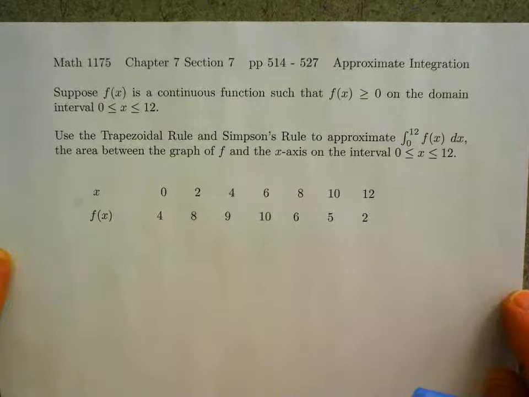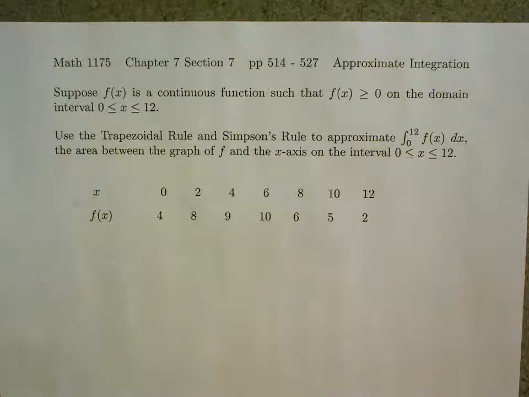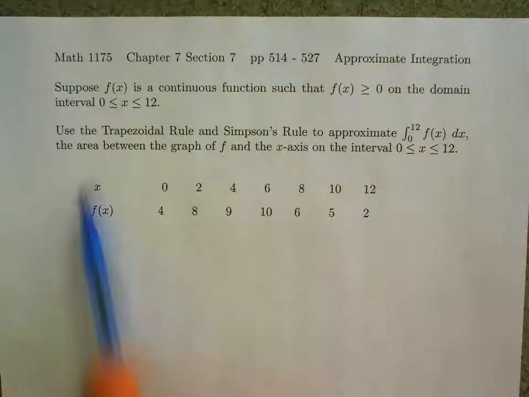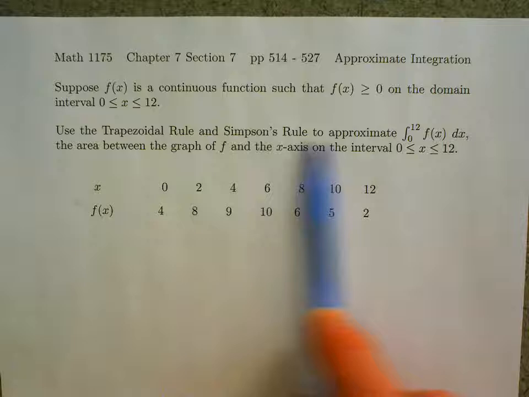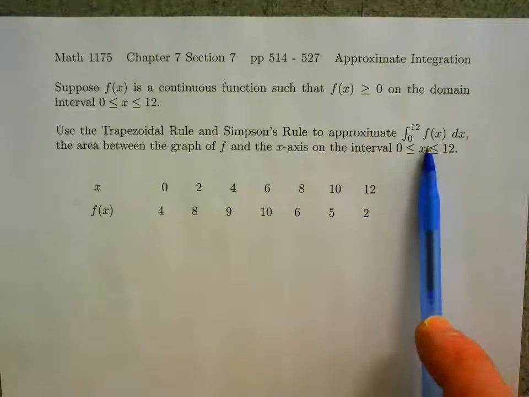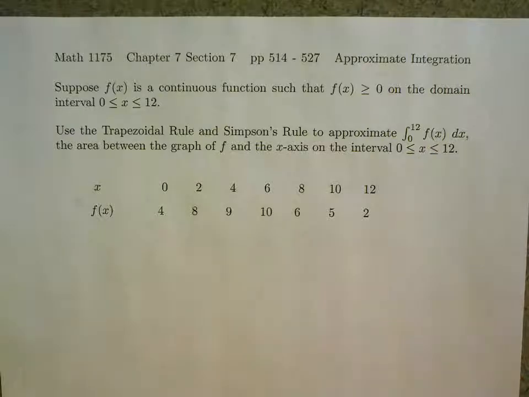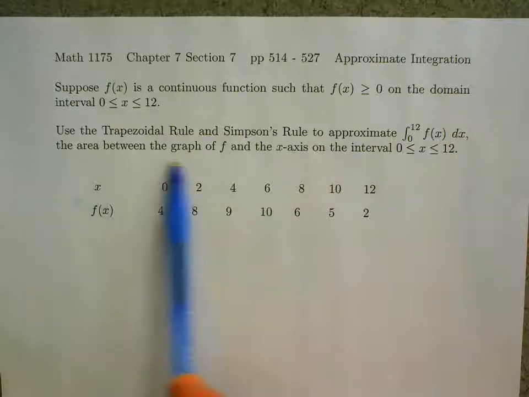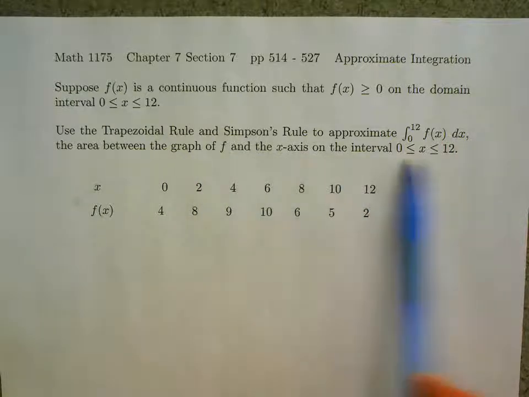So on this one, suppose f of x is a continuous function such that f of x is greater than or equal to 0 on the domain interval from 0 to 12. Use the trapezoidal rule and Simpson's rule to approximate the definite integral of f of x from 0 to 12, which is the area between the graph of f and the x-axis on the interval from 0 to 12.